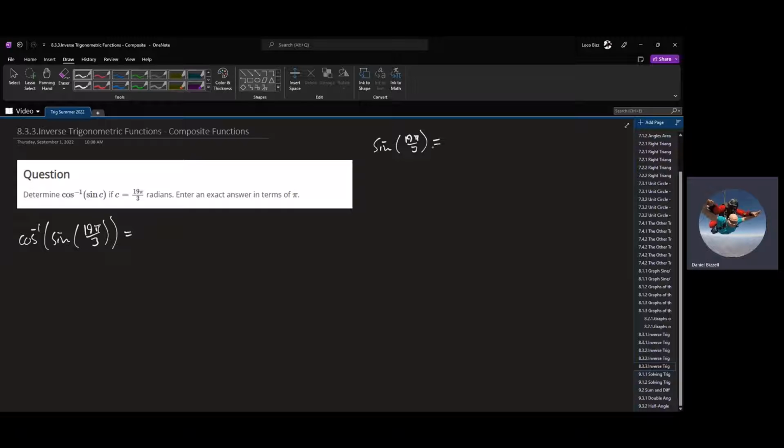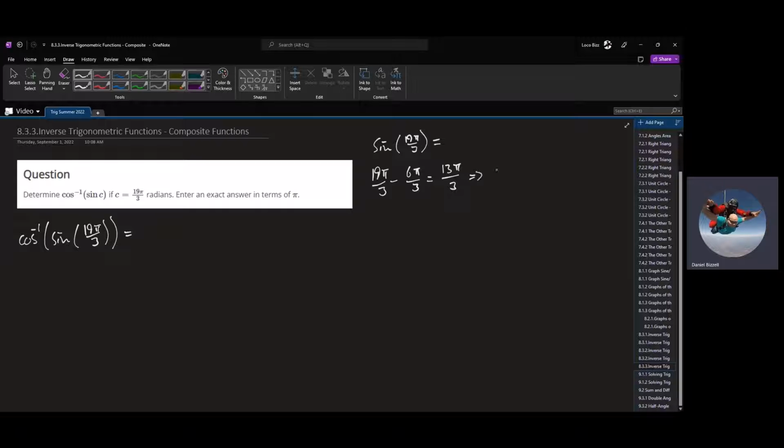So I don't know what 19 pi over 3 is equal to off the top of my head, but one thing we could do is take 19 pi over 3 and subtract 2 pi from it, again using the idea of coterminal angles to get to an angle that's between 0 and 2 pi, which is an angle that I could know. So let's subtract 6 pi over 3, which is equivalent to 2 pi, and that gives us 13 pi over 3.